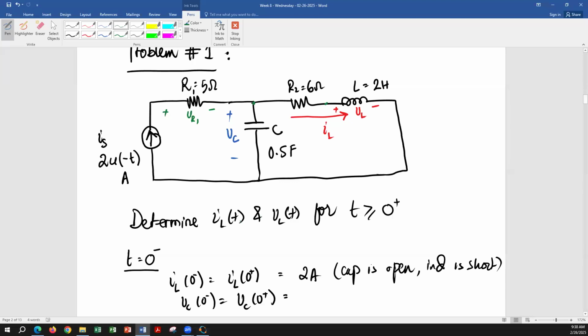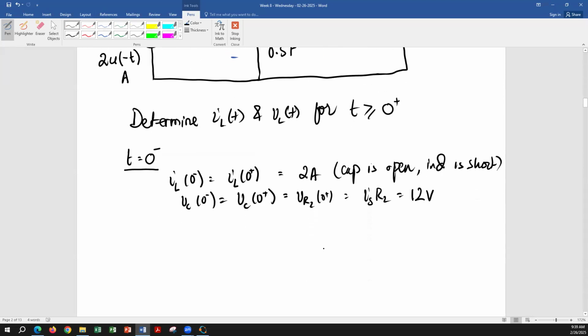So it's the voltage across R2, and that is going to be I times R2. 2 times 6 is 12. So these two values are the initial values for the current as well as the voltage.